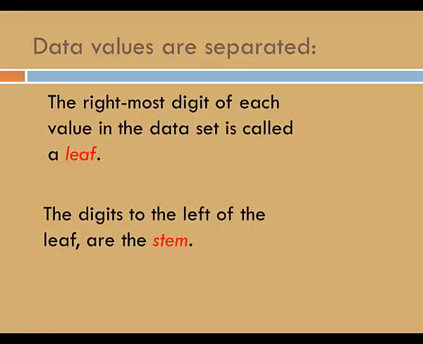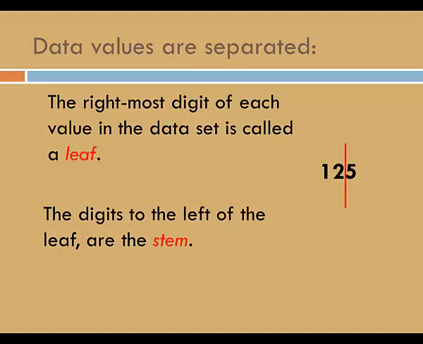In a stem and leaf display, the data values are separated into a stem and a leaf. The rightmost digit of each value is called a leaf, and the digits to the left are called a stem. So, for example, if you have the data value 125 and want to split it into a stem and leaf, the rightmost digit is 5.